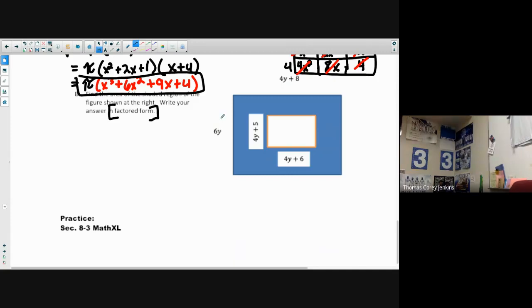Sorry, my big rectangle is 4y plus 8 by 6y. So for that, all we have to do is distribute one term. So that'd give me 24y squared plus 48y.